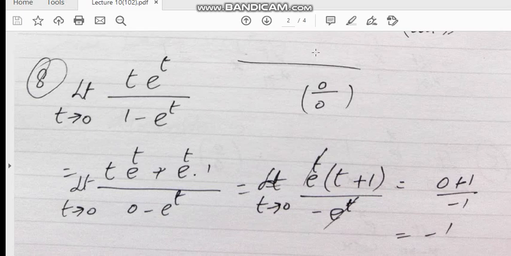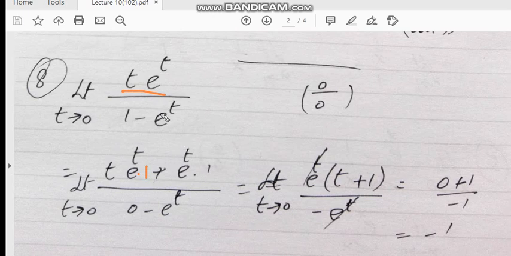T approaches 0, when we put 0 at this place we get 0, and 1 minus e raised to power 0, 1 minus 1, that is again 0. So on the numerator the product rule will be applicable. So this is t as it is, derivative of e raised to power t is e raised to power t, derivative of t will be 1.